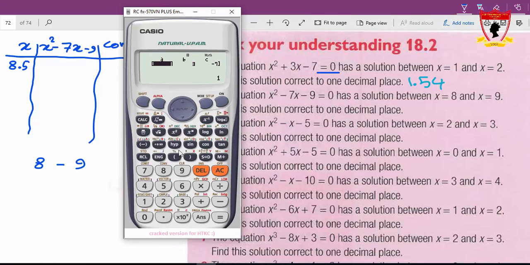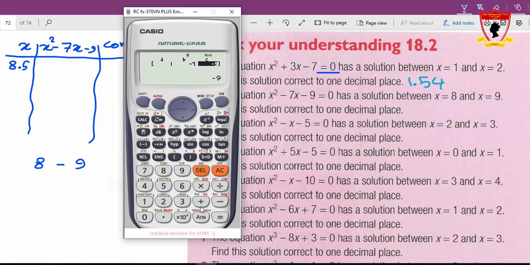Let's straight away solve. The number before the x squared is just 1, then press equal. The number before x is negative 7, equal. The number which is alone is negative 9.